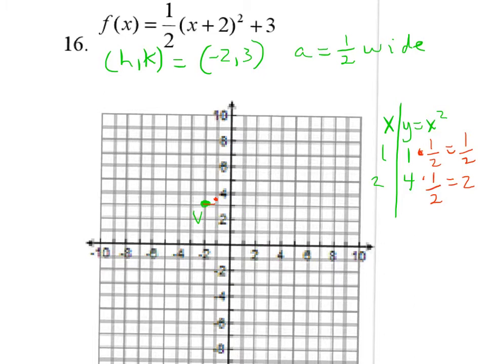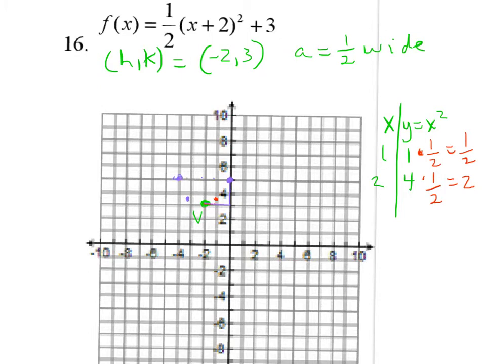Then I'm going to go back to my vertex, and this time I am going to go right 2, but I'm going to go up 2 instead of up 4. And then I need to reflect these 2 points here. So this red point is going to get reflected right over here, and this point here is going to get reflected right over here.